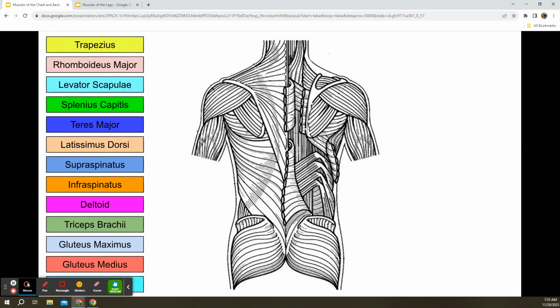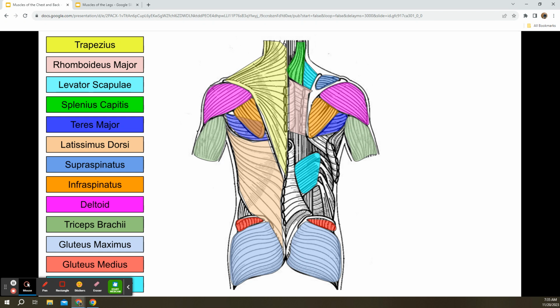Okay, so starting off with our trapezius muscle. If we look closely, looking up towards the origin point, that is going to be close to the occipital bone where it's attached. We will also see it along the cervical and thoracic vertebrae here.